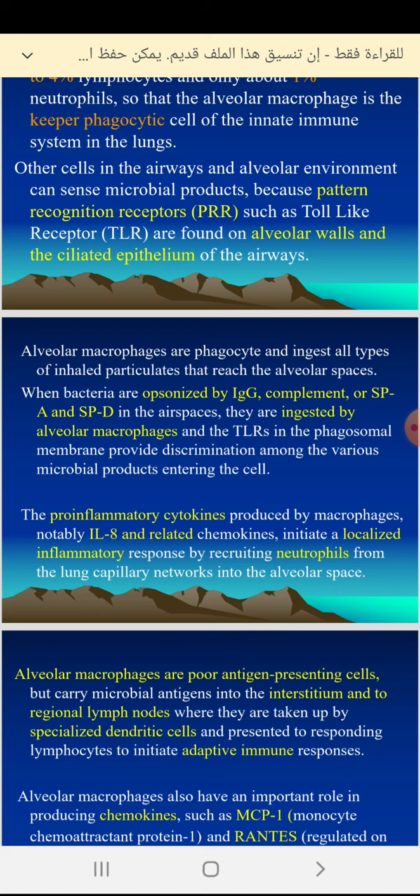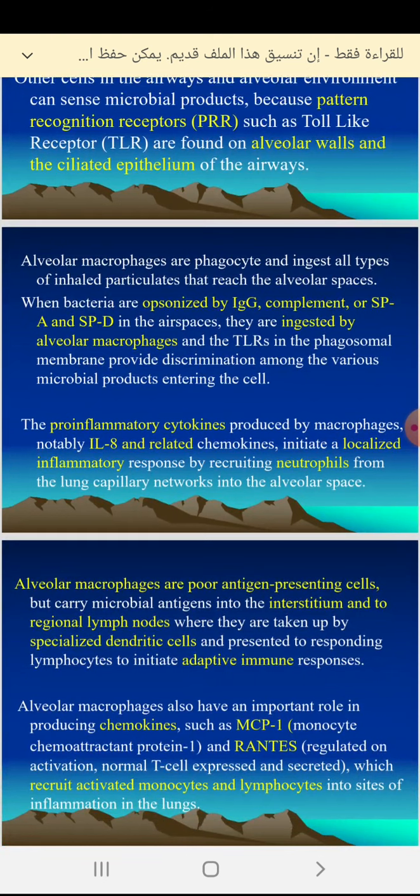Alveolar macrophages are phagocytes and ingest all types of inhaled particles or particulates that reach the alveolar spaces. When bacteria are opsonized by IgG, complement, or surfactant protein A and surfactant protein D in the air spaces, they are ingested by alveolar macrophages.